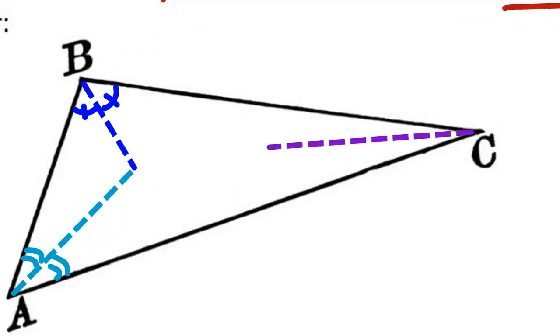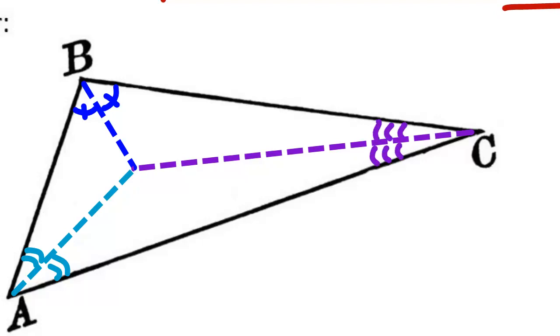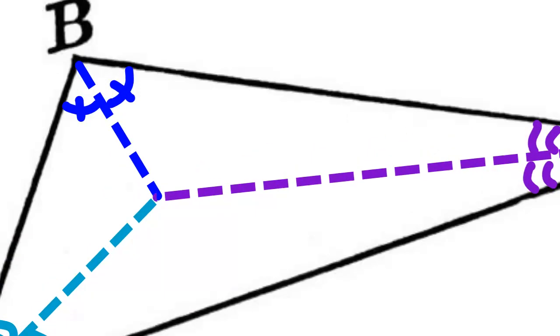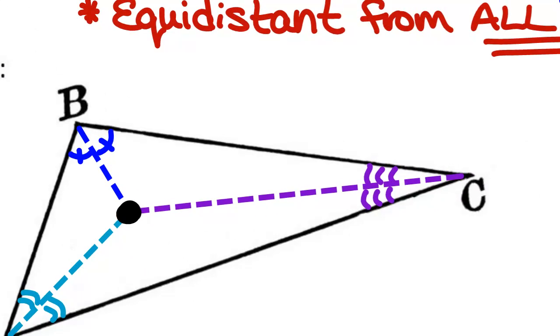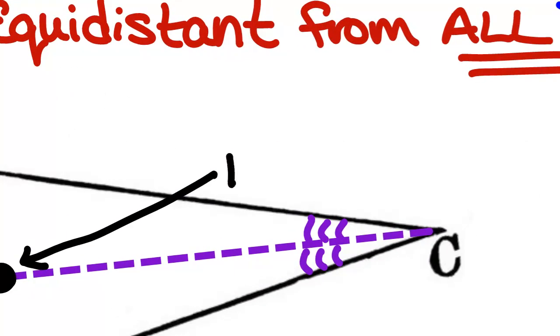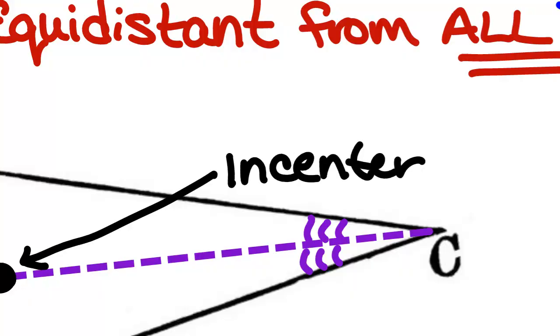And the angle bisector for angle C. So this little angle is congruent to this little angle. This point right here, where all three of those angle bisectors come together, is called the incenter.